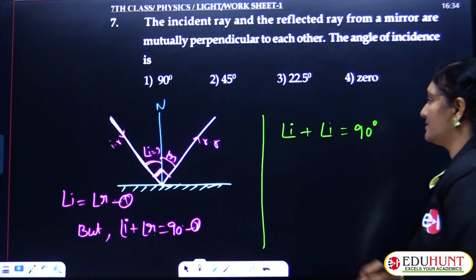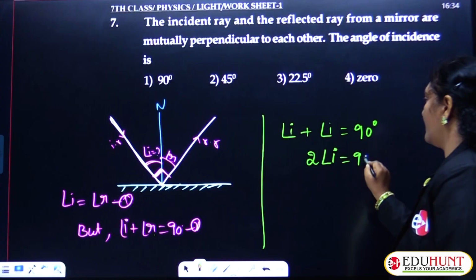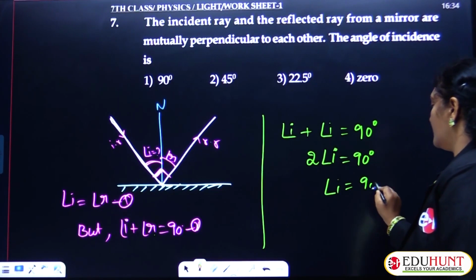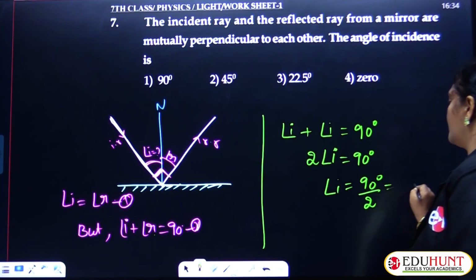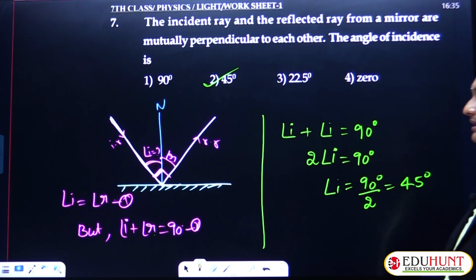Angle I plus angle I is equal to 2 angle I is 90 degrees. If 2 times angle I is 90 degrees, angle I must be equal to 90 by 2, and that must be 45 degrees. Got it?